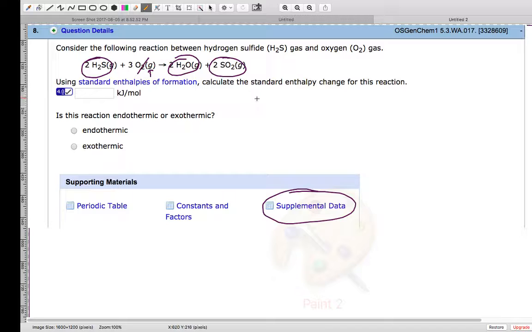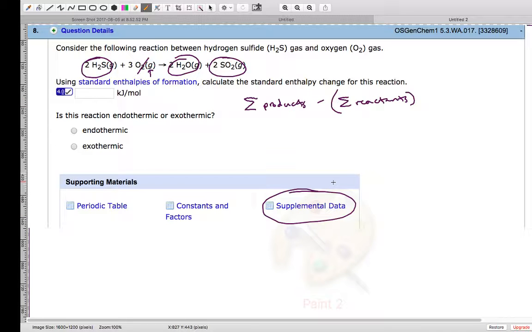The way you use them is like this. You add up, so this is the Greek letter sigma, it means add up. So add up all of the formation enthalpies for the products and subtract from there the sum of all of the formation enthalpies of the reactants. So it's the products minus reactants, folks.